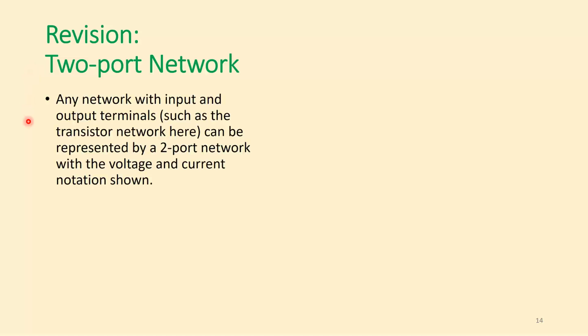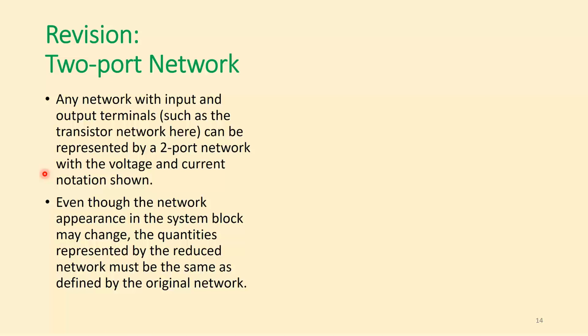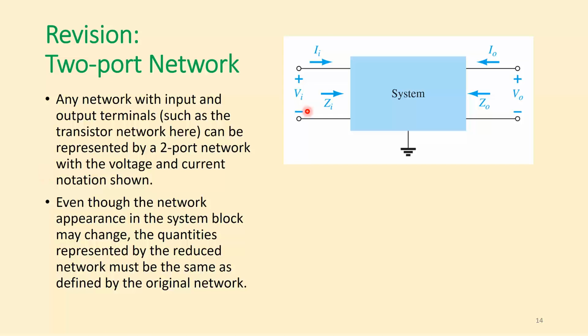Any network with input and output terminals, such as the transistor network we had previously, can be represented by a two-port network with the voltage and current notation shown here. So any kind of network can be represented by this block system. That's all that is saying.